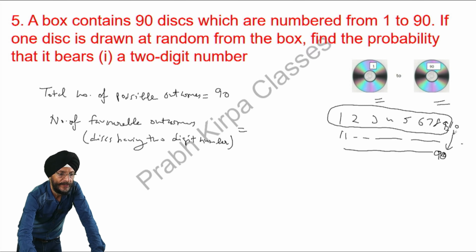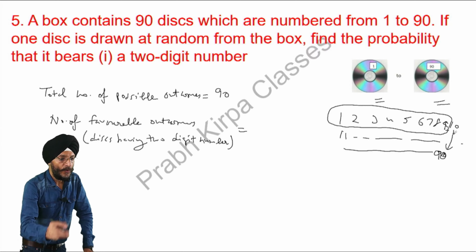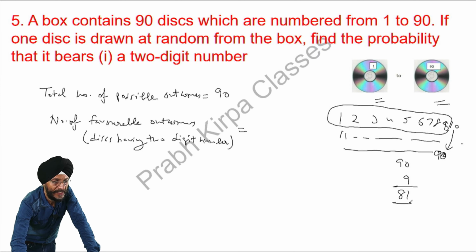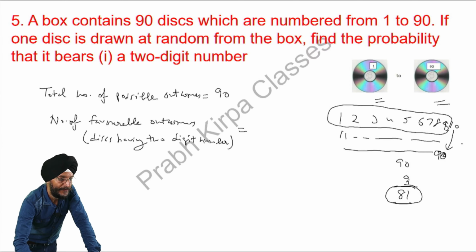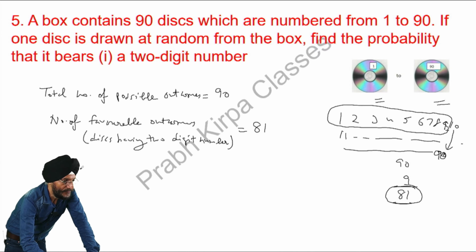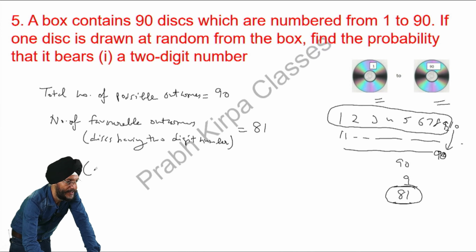So if we, out of this 90, deduct 9 which have single digit number, the balance are 81. So this is the number of favorable outcomes. This is the 81.